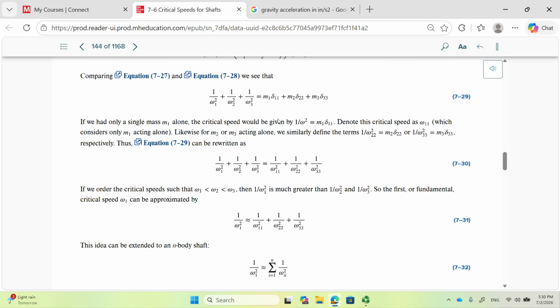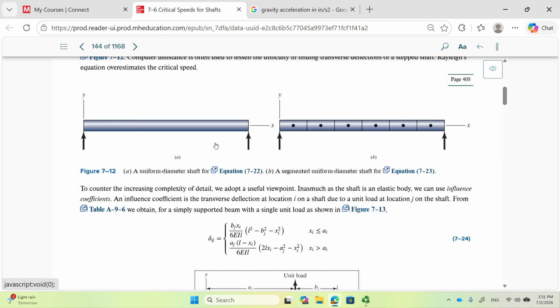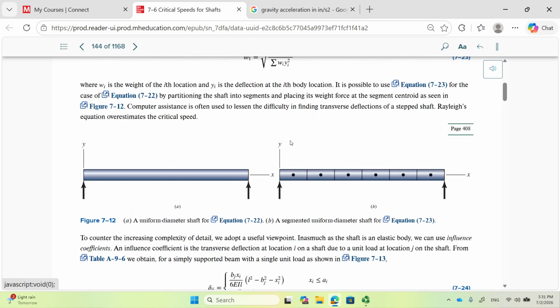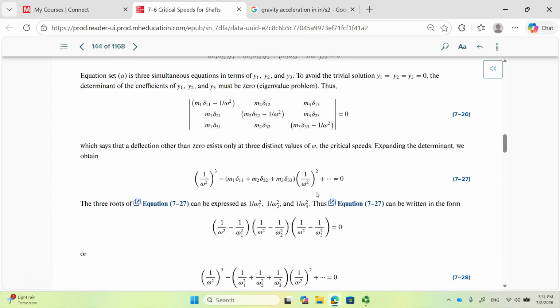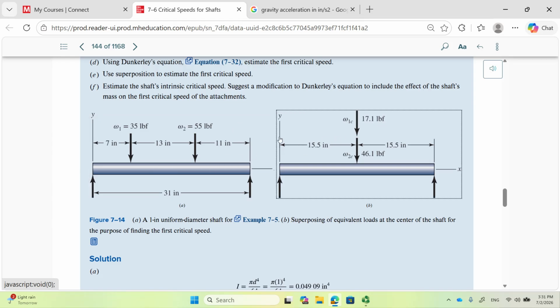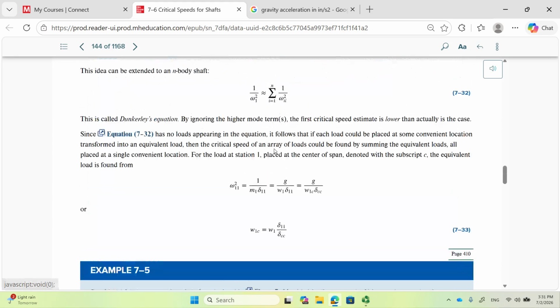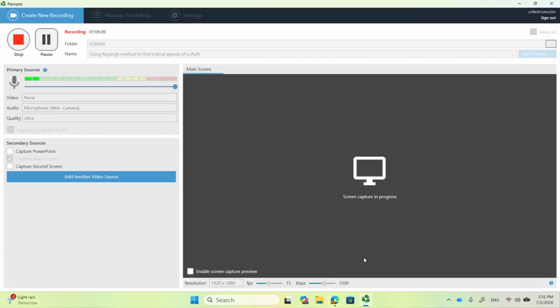That was again to help you find the first natural frequency of a shaft when there are lumped masses, machine elements like gears sitting on it, and we want to find the natural frequency based on that, using the Rayleigh equation. Alright, hope you find it useful.